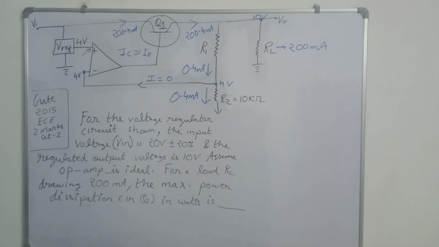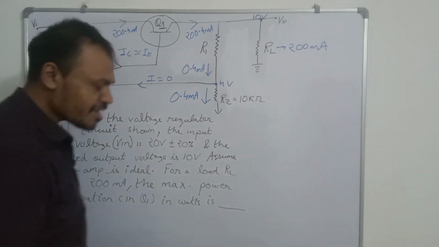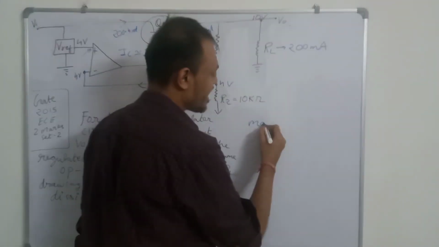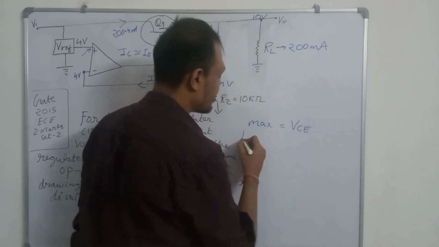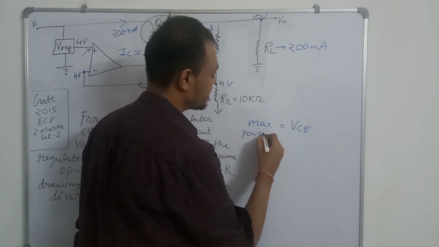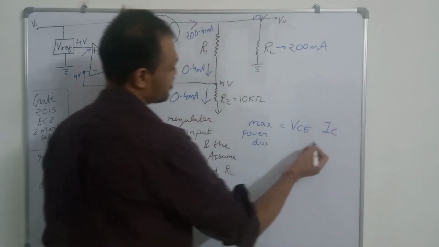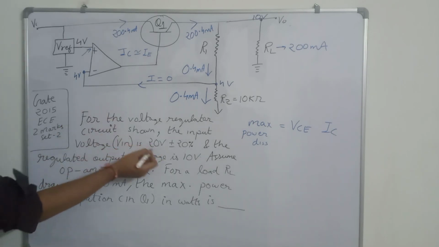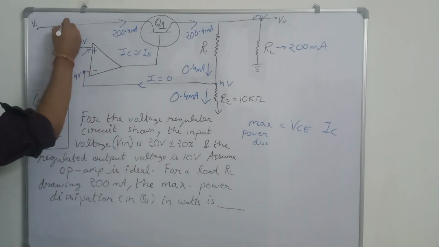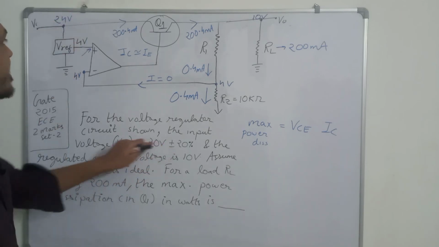Now the maximum power dissipation of the transistor is given by VCE into IC. For maximum power dissipation we have to take the maximum of VCE, which is only possible if we take V in as 24 volt, the maximum value of V in.